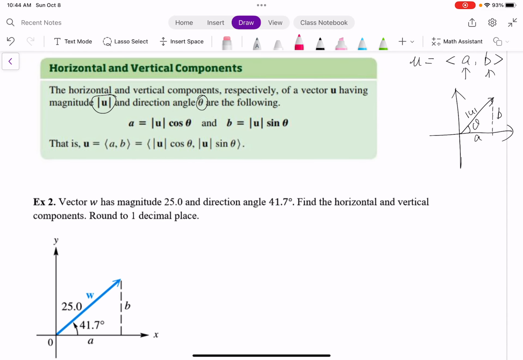If the magnitude of u and the angle theta are given, then a can be represented by magnitude of u times cosine theta, and b can be represented by magnitude of u times sine theta. And then u in the component form a comma b is magnitude of u times cosine theta, magnitude of u times sine theta.